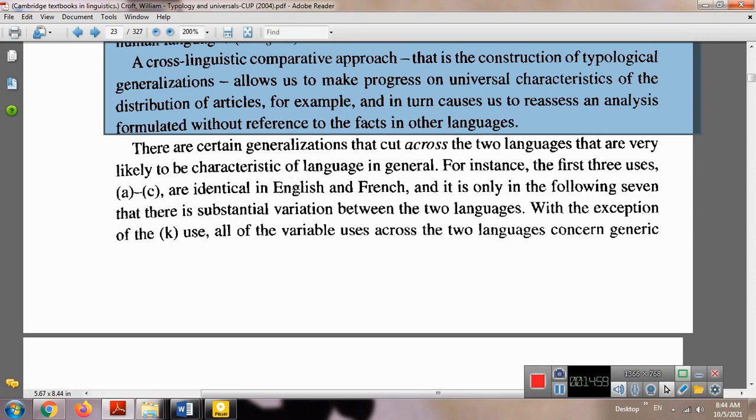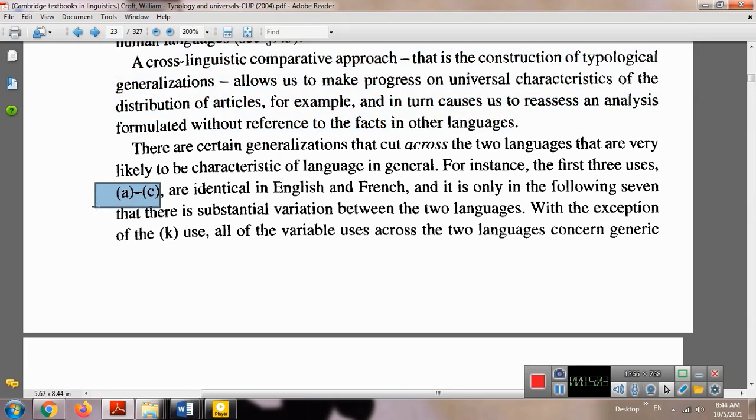For instance, the first three uses, which you can see in examples A to C, are identical in English and French, and it is only in the following seven that there is substantial variation between the two languages.